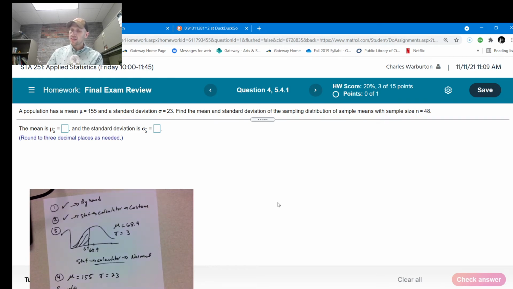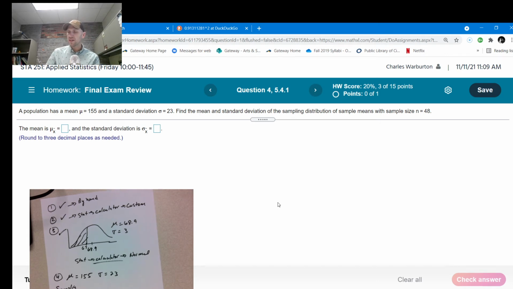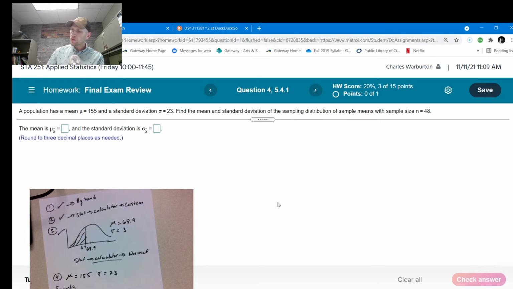And now what's the standard deviation of the sampling distribution for a mean? Well, it's the same as the population standard deviation, but then you have to adjust based on how big your sample size is. So you divide it by the square root of that sample size. So in this case, it's 23, but then adjust it by dividing by the square root of 48.